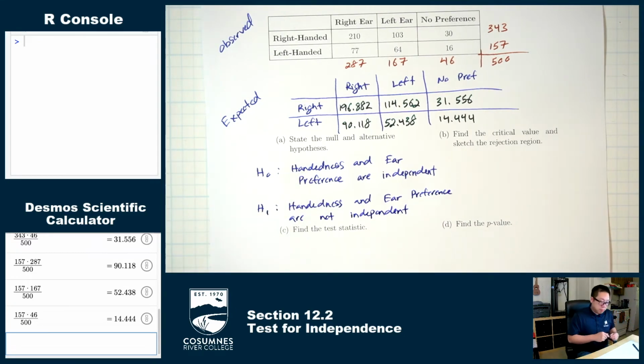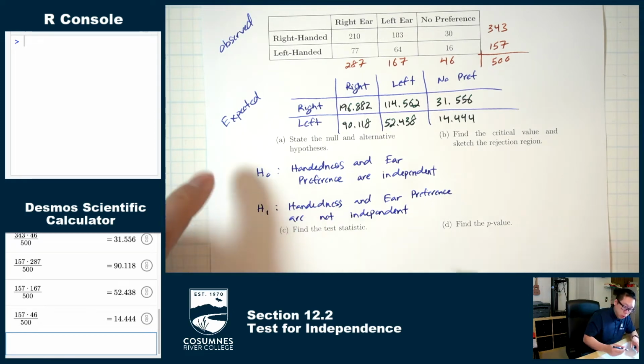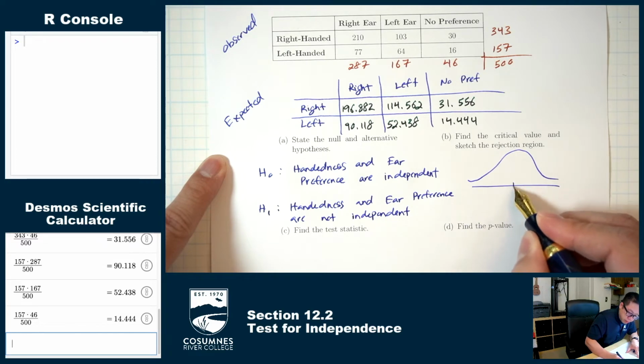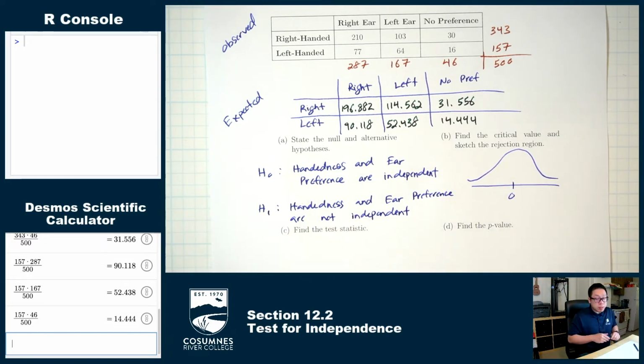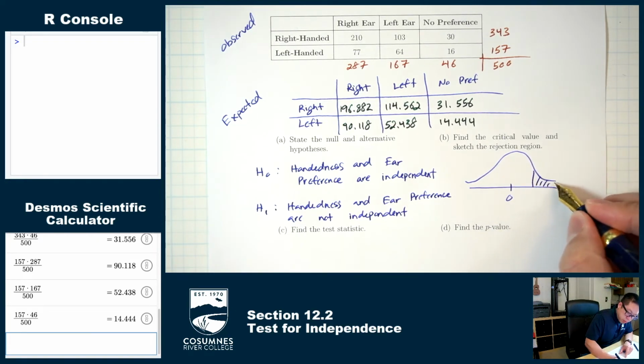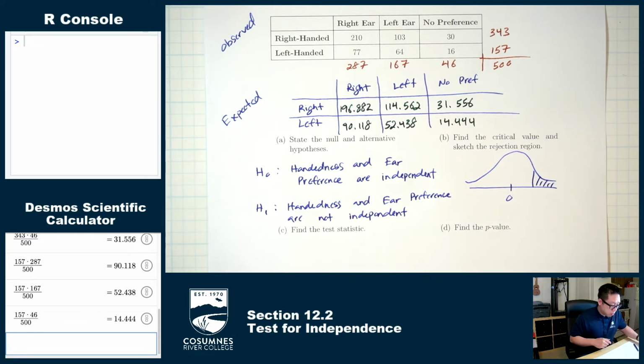Part B, find a critical value and sketch the rejection region. Draw the picture. And this is a chi-square test. Chi-square tests are always going to be shaded to the right. Let me actually write that down.